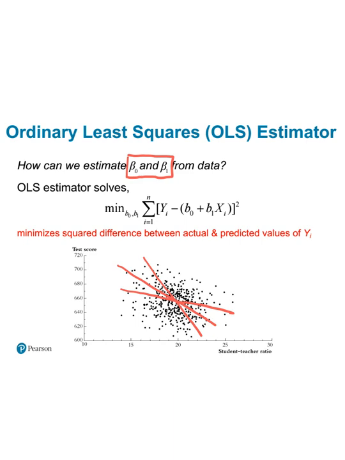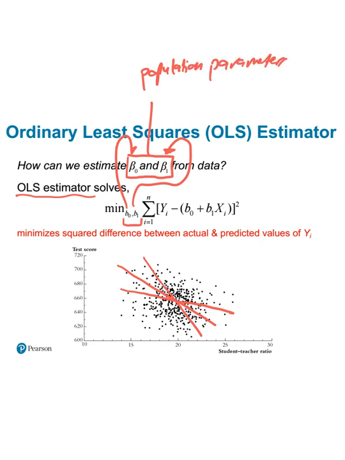So to the rescue, we're going to utilize this OLS estimator. We're going to choose both b naught and b1, which are estimates for beta naught and beta 1. So our betas happen to be population parameters, and we have b naught and b1 being their counterparts.